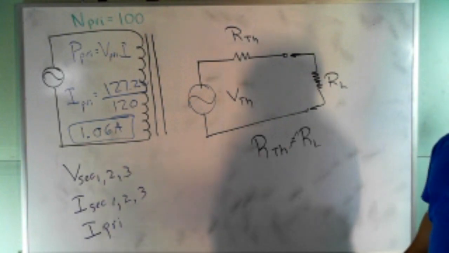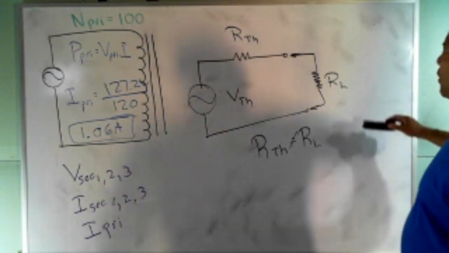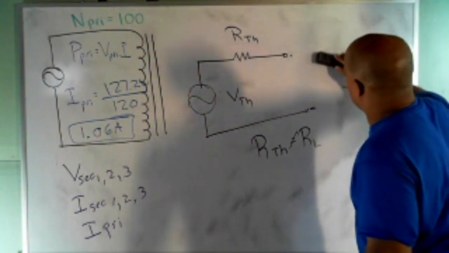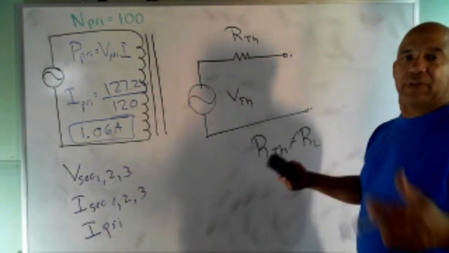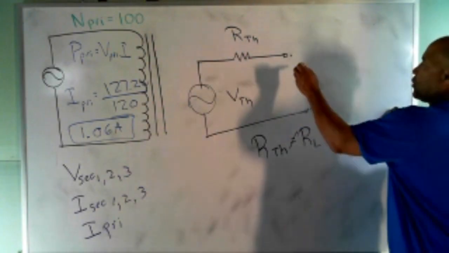But if I have a situation where RL and RTH are not equal, but I still want maximum power transfer, then what you can do is remove the load, and in between the load and the device you have the load hooked to, you can put a transformer.